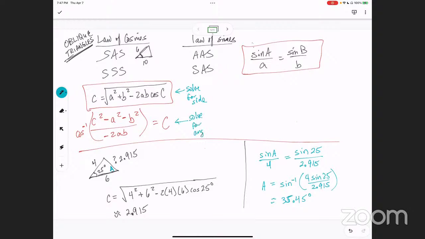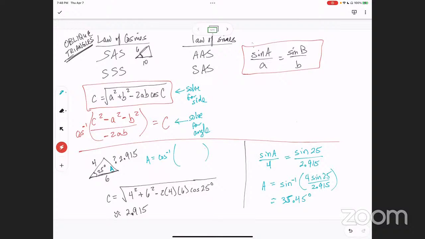Okay. So watch, I'm going to use this to solve for this. Notice I don't have to, but I can, right? So I'm going to try to solve for A. A equals the cosine inverse of, now it's going to be A, right? The letters are kind of mixed around.